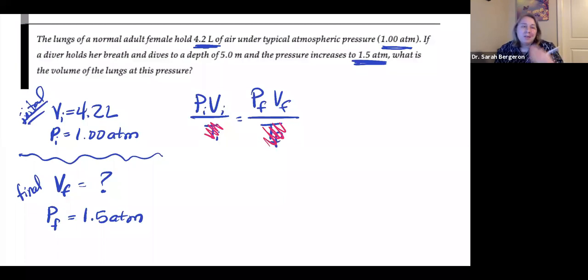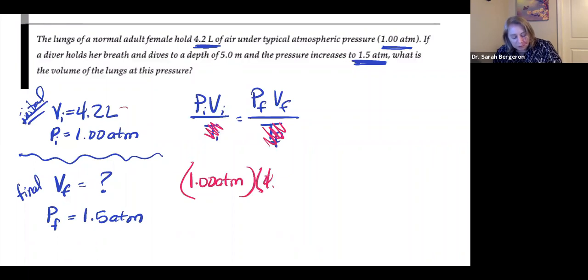And so in this way, you don't have to know which law you're using. You just use this combined gas law and go with it. It makes life simpler. Okay, so pressure initial was 1 atm. And I multiply that times my initial volume, which was 4.2 liters.